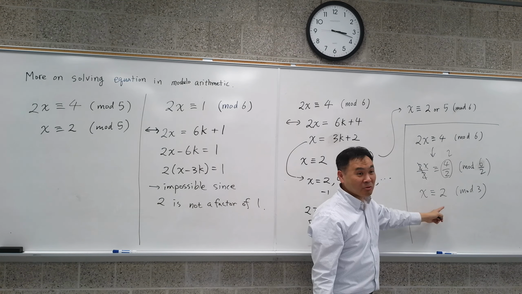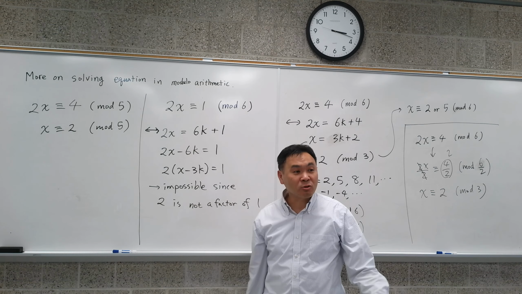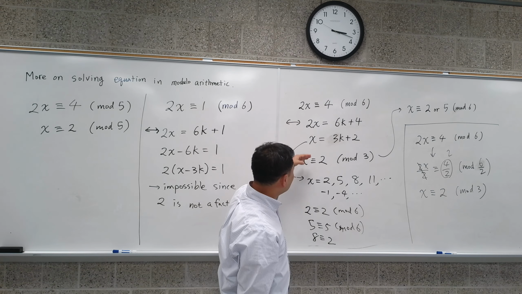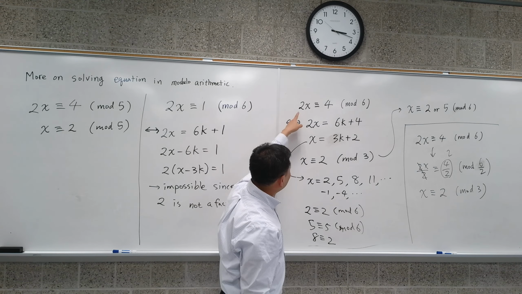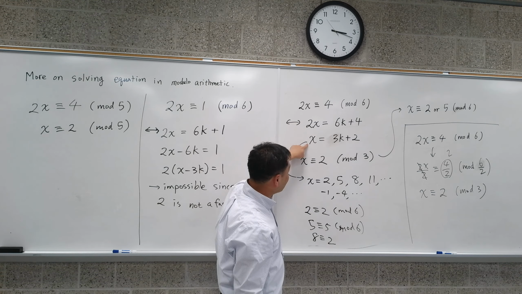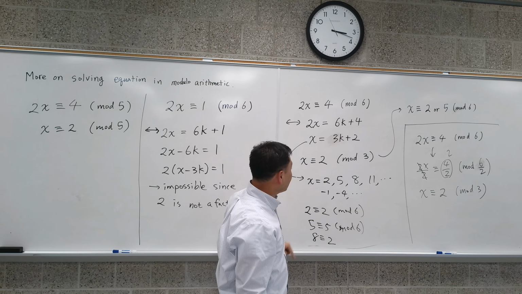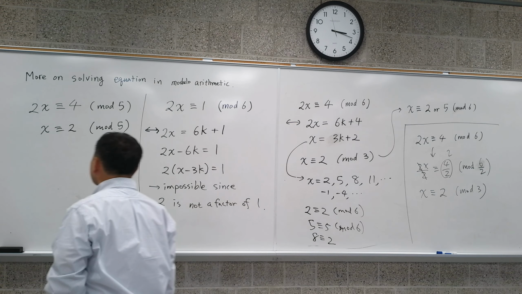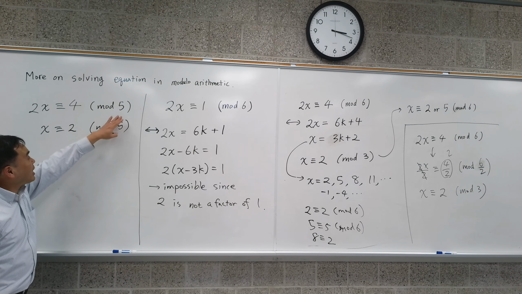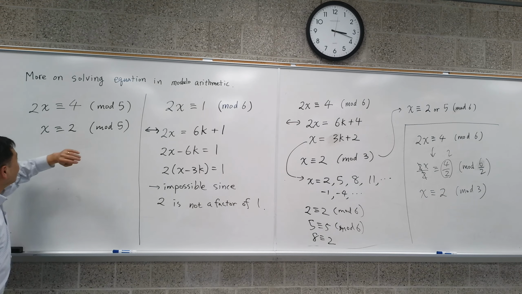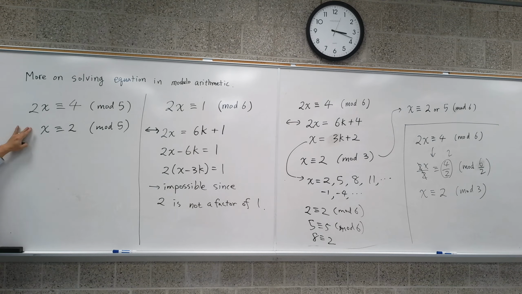That's what I'm writing over here, okay? So that's like a shortcut. To see why that works, you have to rewrite in this form and observe what's happening, right? But over here, when 5 is not divisible by 2, you can still do this. You can divide, and this is the result you get, okay?